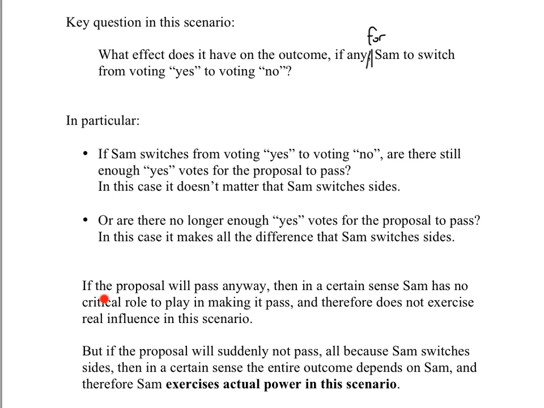Now, if the proposal will pass anyway, then in a certain sense, Sam has no critical role to play in making the proposal pass. And therefore, and this is the key idea for Banzhaf, Sam does not exercise real influence in this scenario. If there are enough yes votes out there already, so that Sam's contribution to the yes total is not going to make a difference whether Sam does join the other yeses or not, then Sam does not exercise real power in that scenario.